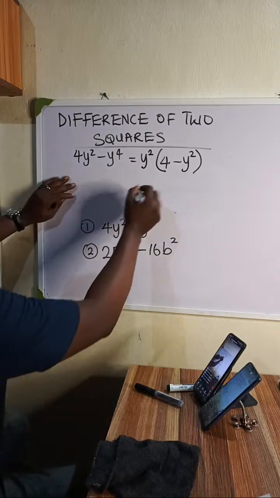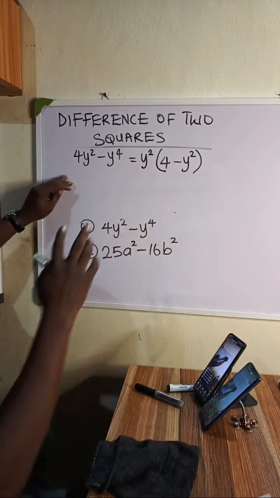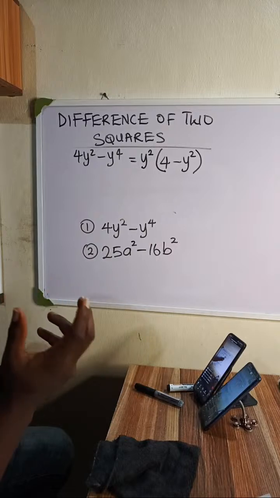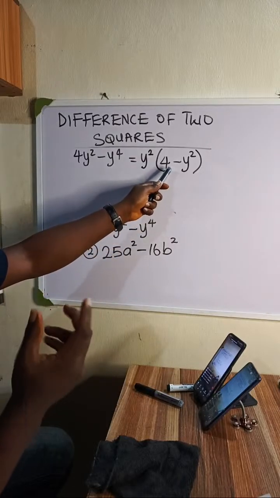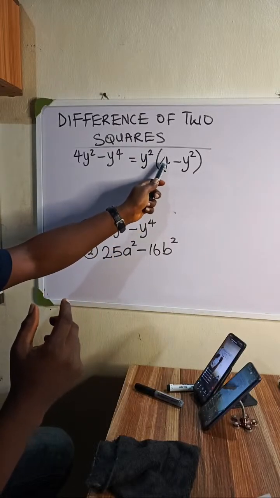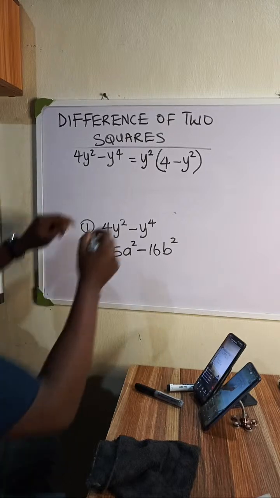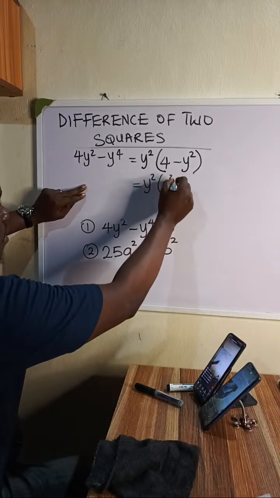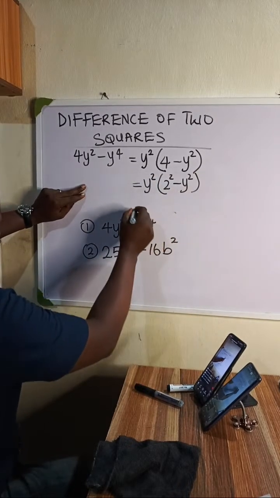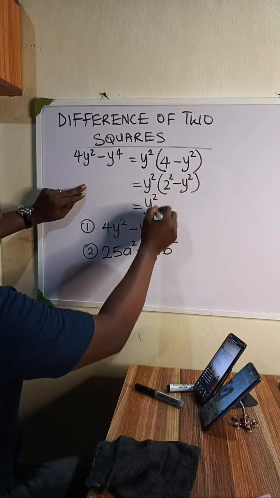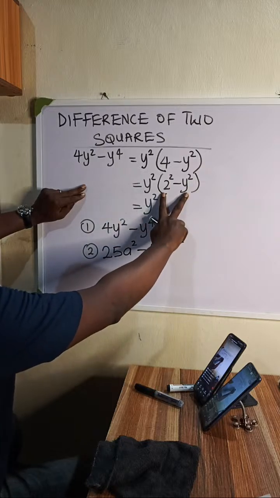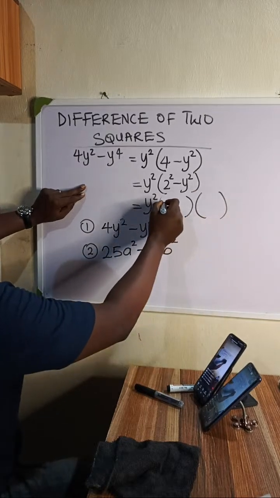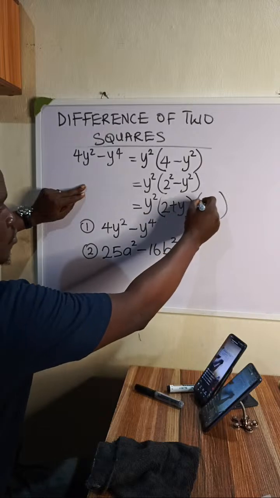Okay? So now we've factorized, but we have not factorized completely. We have the option to factorize further because here we have 4, so we can convert it to 2 squared. So this will give us y squared into 2 squared minus y squared. This is difference of 2 squares. So you open 2 brackets. 2 plus y into 2 minus y.